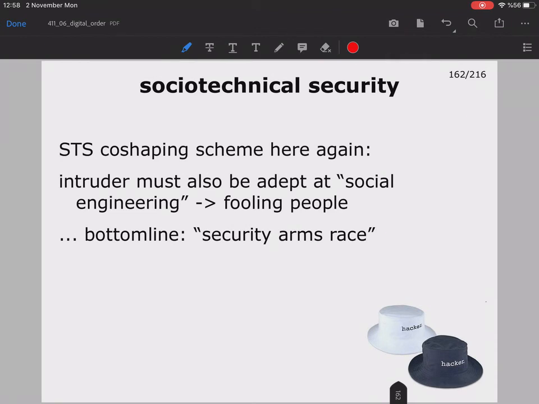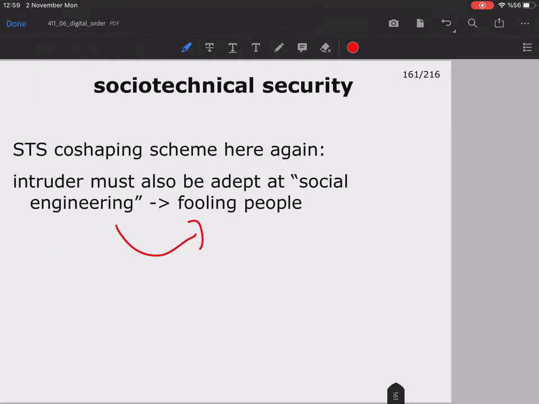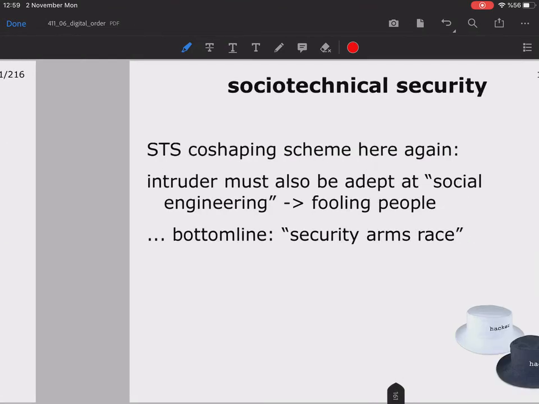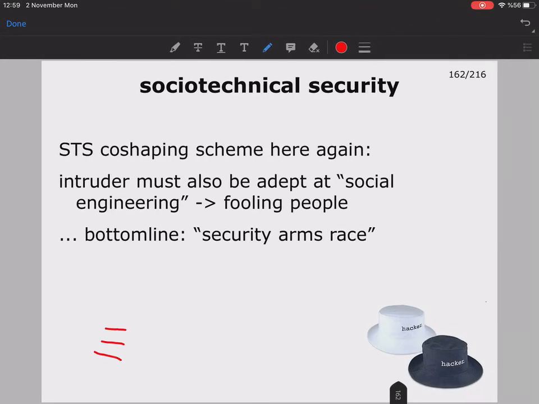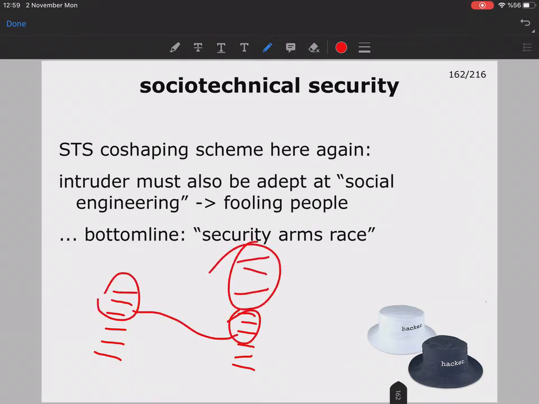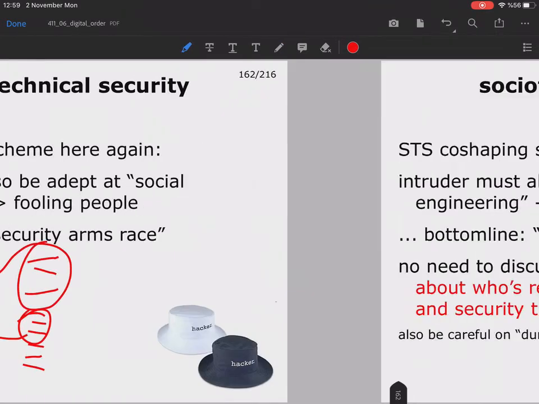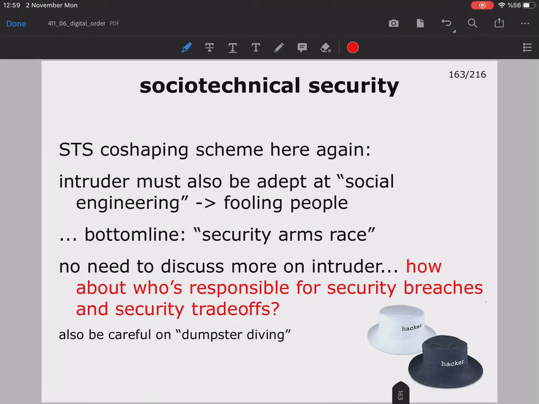Attackers look at it like this, and we can say that, bottom line, security is an arms race. The attackers use lots of techniques, then the defenders put in more, and the attackers create new techniques, and the defenders put in more. So it looks like an arms race in the end.